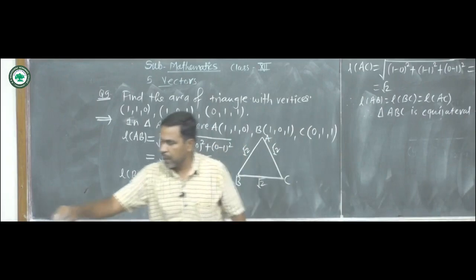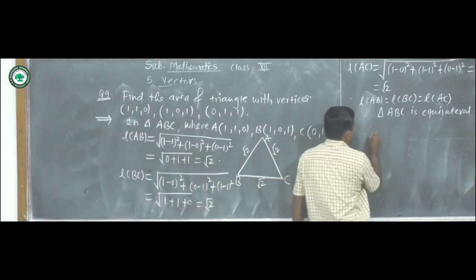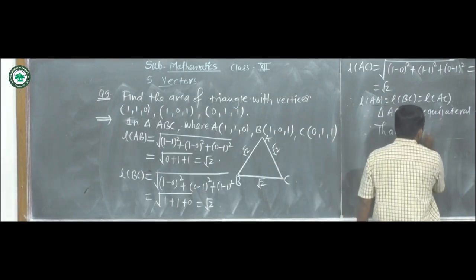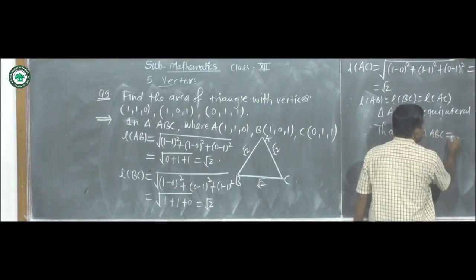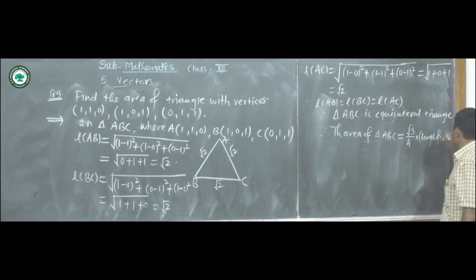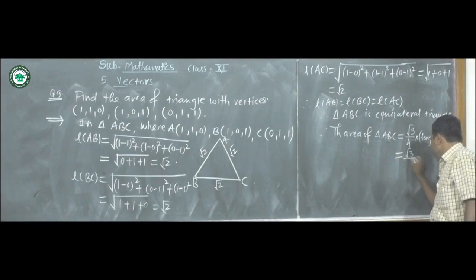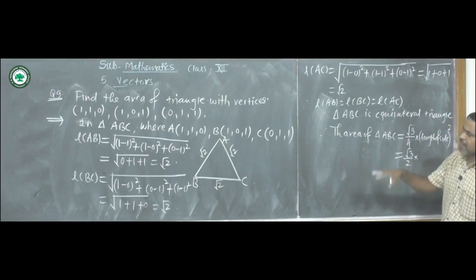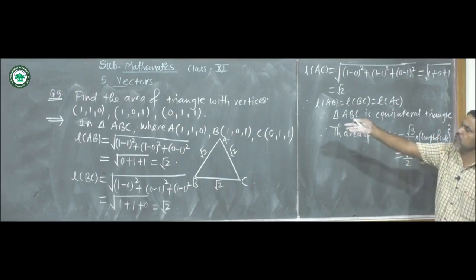So therefore the area of triangle ABC is equal to, the formula is square root of 3 by 4 into the length of side squared. So it is equal to square root of 3 by 4 into, there are three sides AB, BC, AC, every side has equal length, and that length is square root of 2.